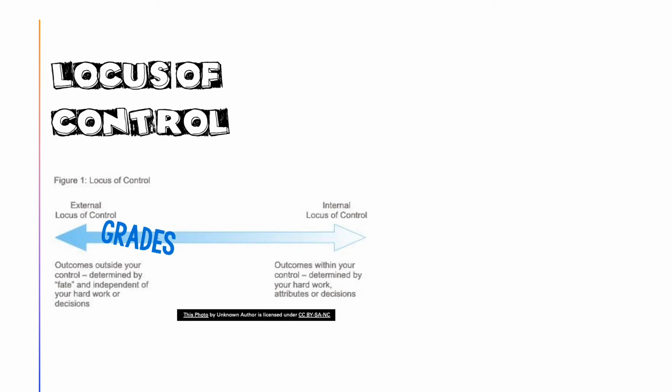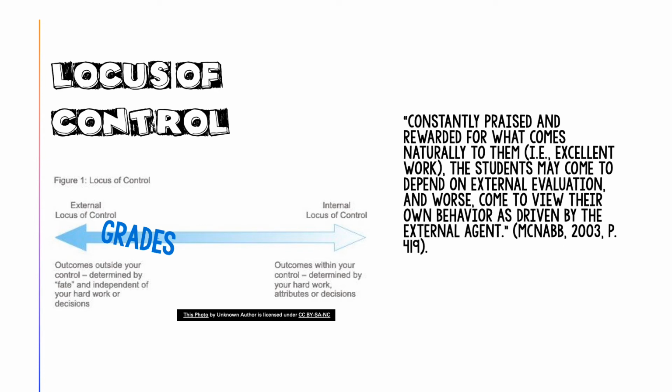However, the use of this external reward actually diminishes students' internal locus of control, moving it to an external one. Constantly praised and rewarded for what comes naturally to them, the students may come to depend on external evaluation and, worse, come to view their behavior as driven by the external agent.